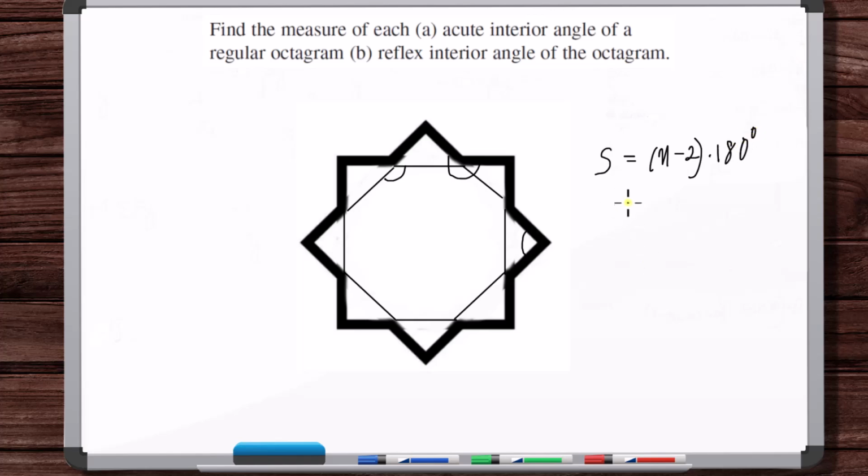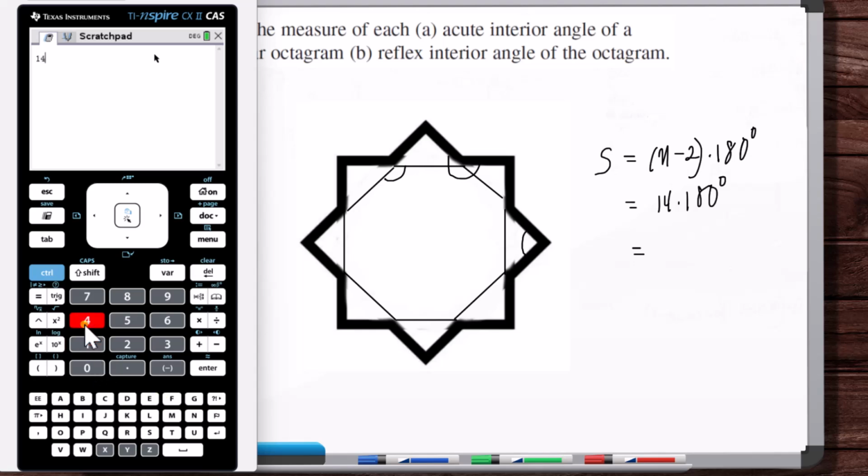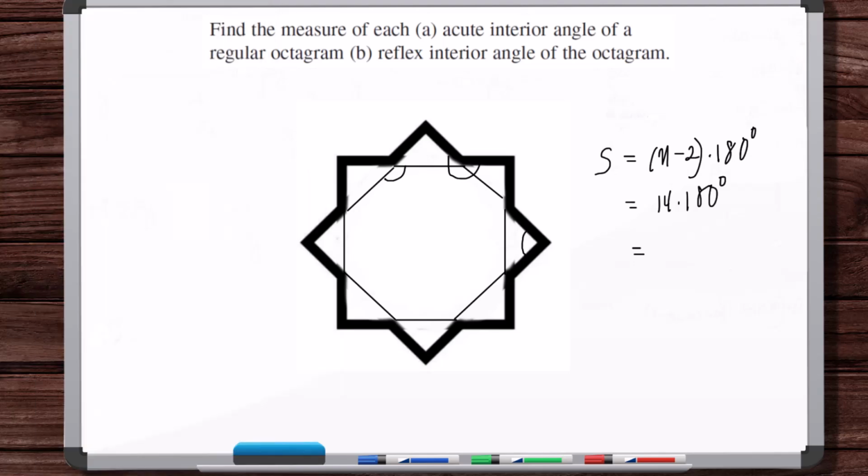So how many sides does this have? 1, 2, 3, 4, 5, 6, 7, 8, 9, 10, 11, 12, 13, 14, 15, 16 sides. So it's going to be 14 times 180. $2,520 degrees.